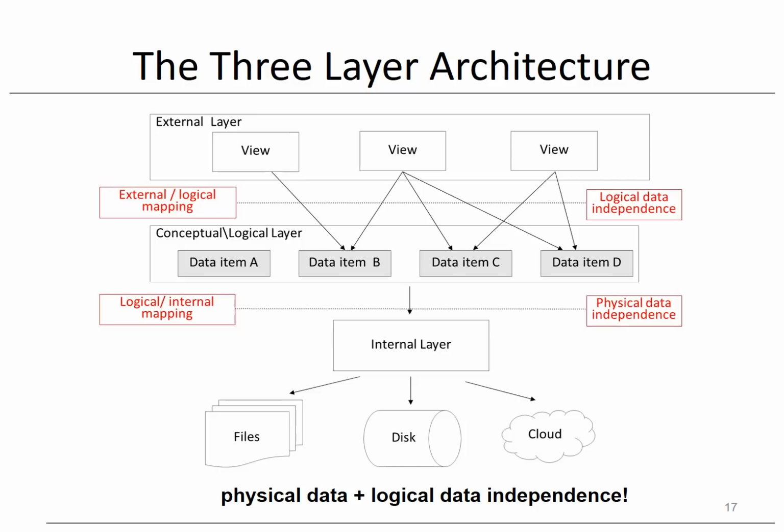Likewise, changes to the conceptual logical layer can be made with minimal impact on the external layer: logical data independence. We elaborate on both types of data independence in what follows.